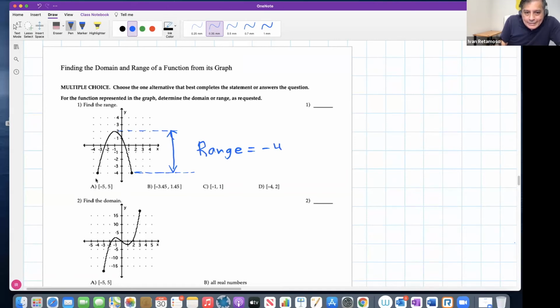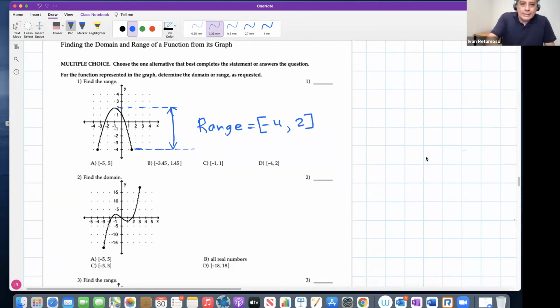And since this is a solid circle, should go with brackets, right? Then all the way up to the number 2, you can see, right? 1, 2, so 2. Since this is part of the graph, I should use also brackets, right? Done. Okay. It's not that difficult, guys.